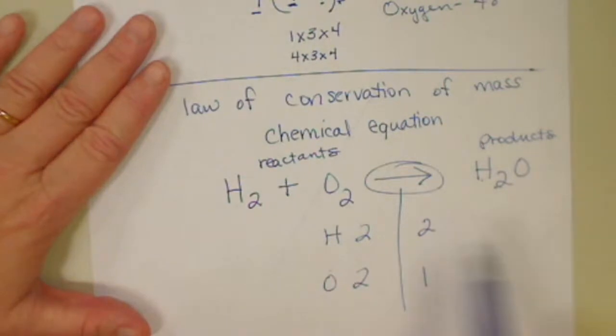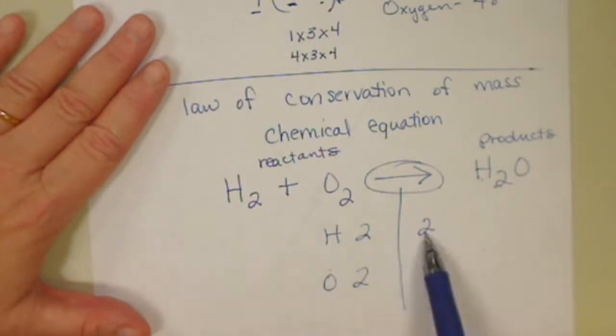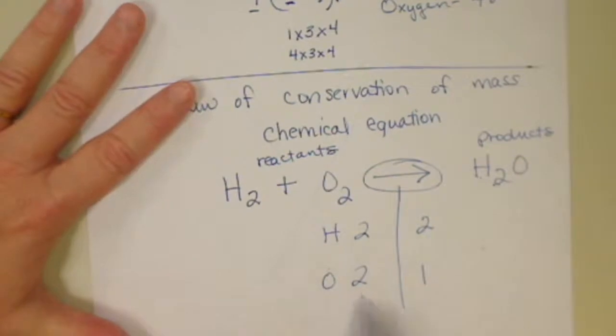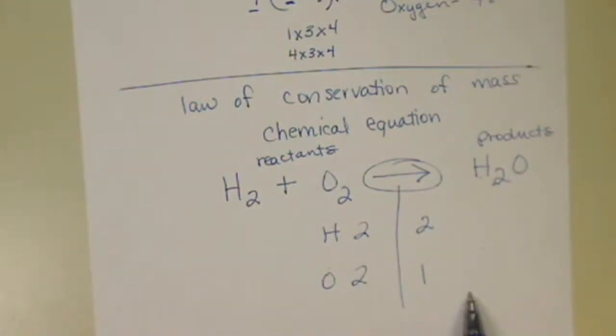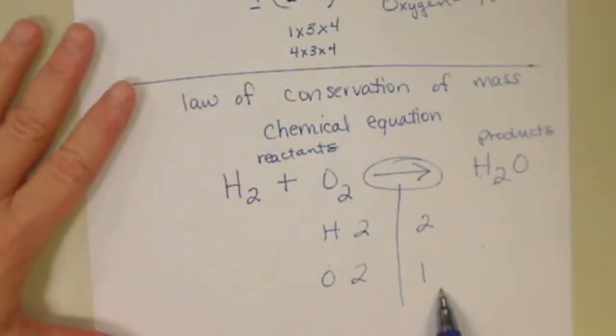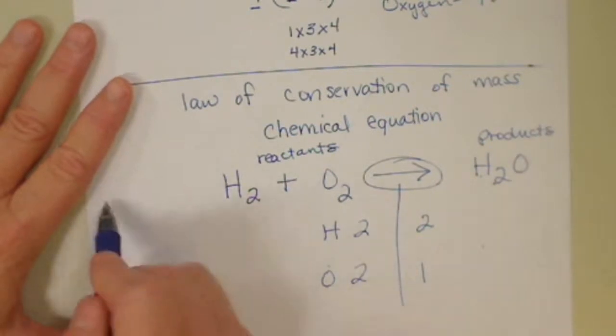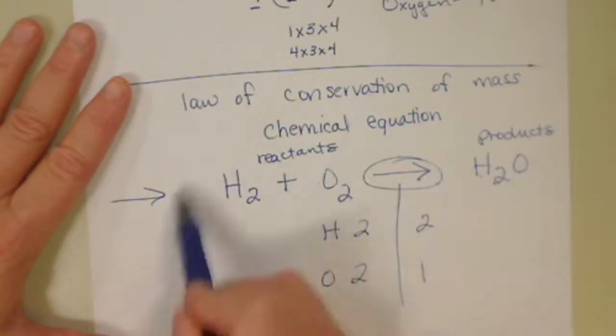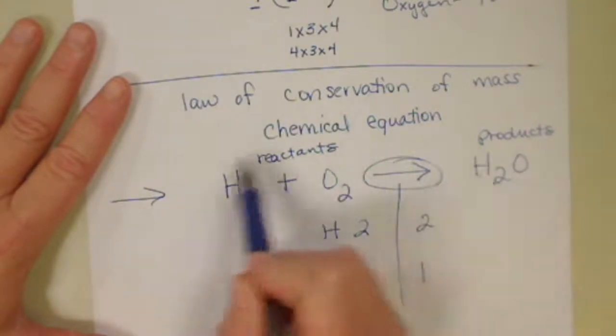This is saying that we started with 2 hydrogens, ended with 2 hydrogens after the reaction. We started with 2 oxygens and ended with 1. That is not true. Because of the law of conservation of mass, there is absolutely no way that 1 atom was lost. So, evidently, our equation is not written correctly.